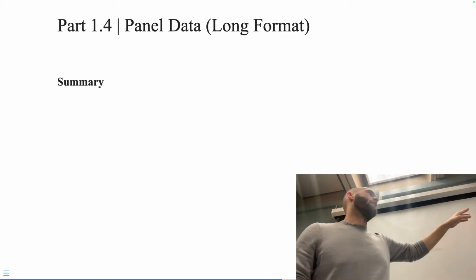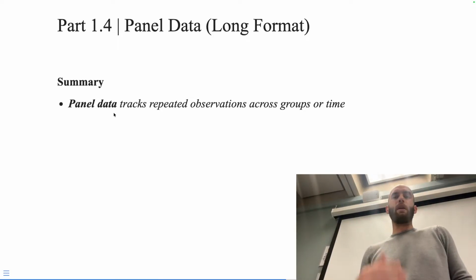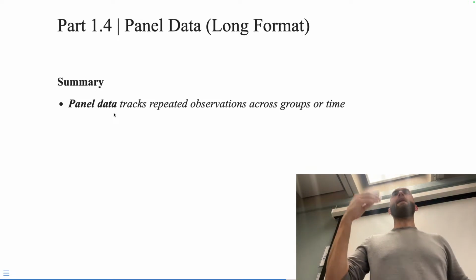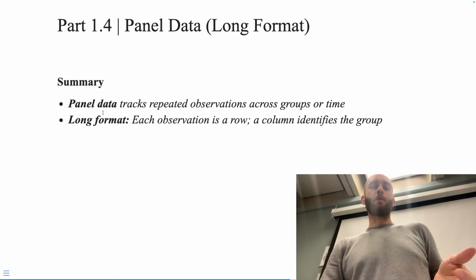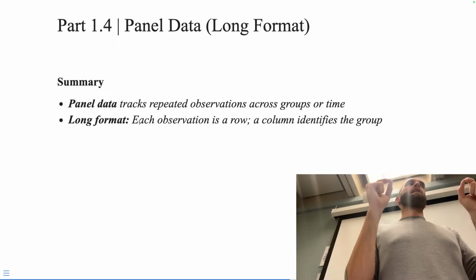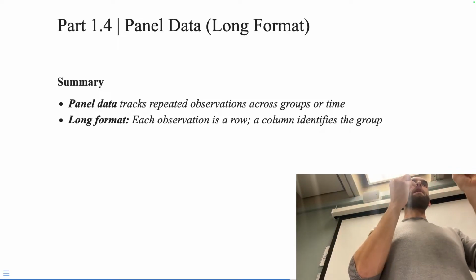So what have we done in long format panel? Well, we've talked about panel. This is just repeated observations across multiple groups through time. Turns out to be a very powerful data structure. We've talked about long format, which is just each row representing a separate observation at a point in time for a particular entity.